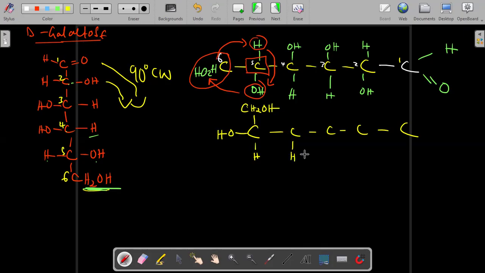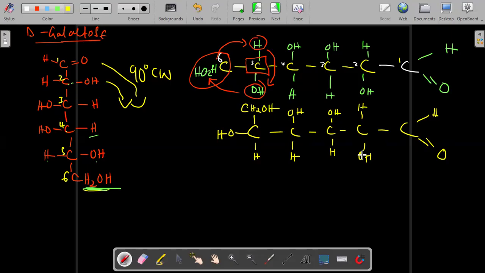So here I'm going to write H, and then OH, H, and then OH, and then here we also have OH, and then H. Okay, and then we have H there, this carbon double bonded to oxygen like that. So we've done the bond rotation there, which was the third step.